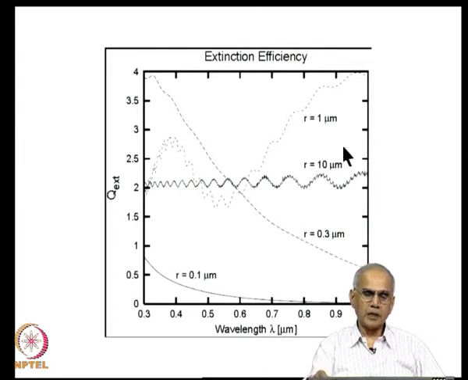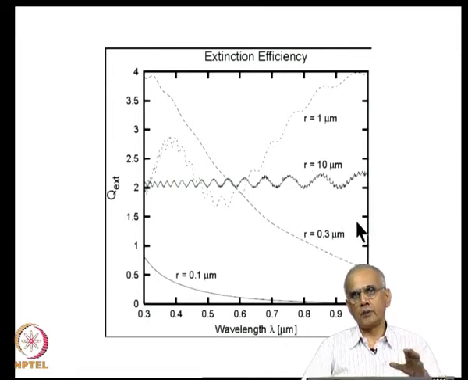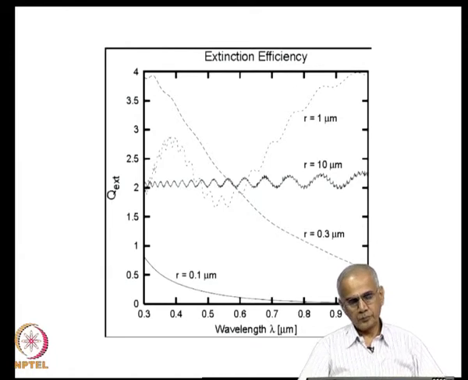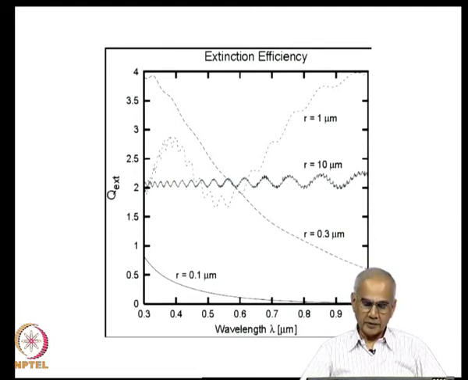But as the particle size becomes large, of the order of 10 micron, you see that the scattering efficiency hovers around a value of 2, and as we recall earlier, this 2 should not be surprising, because scattering includes reflection, refraction and diffraction.